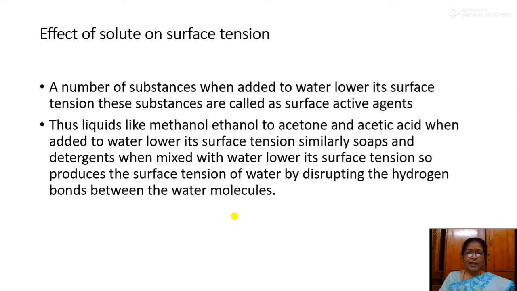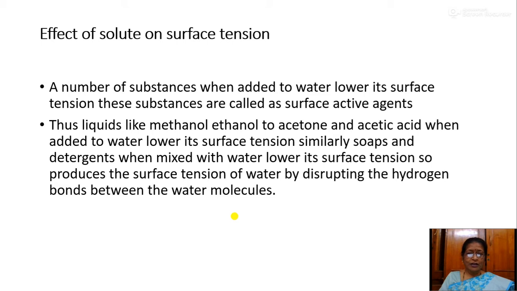Similarly, in day-to-day life we have observed that soaps and detergents when mixed with water lower its surface tension. They reduce the surface tension of water by disrupting the hydrogen bonds between the water molecules.